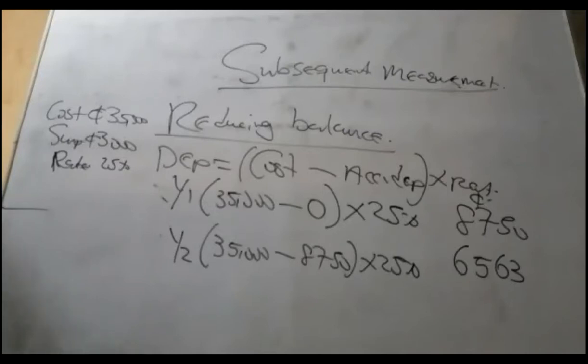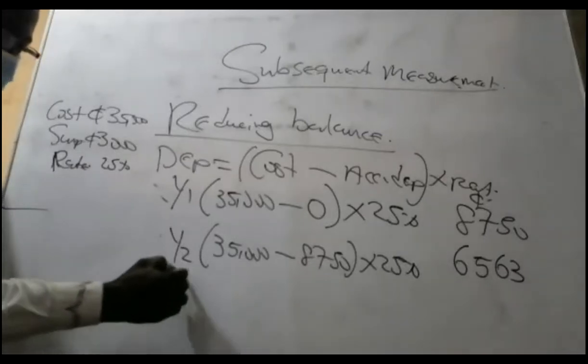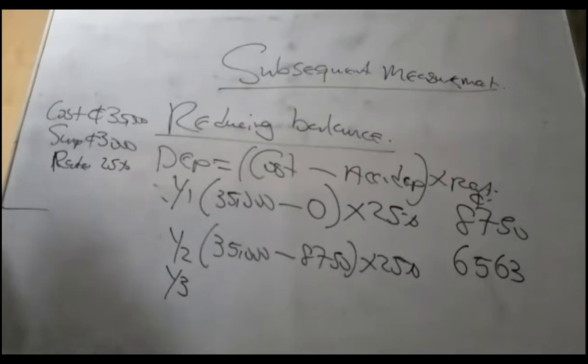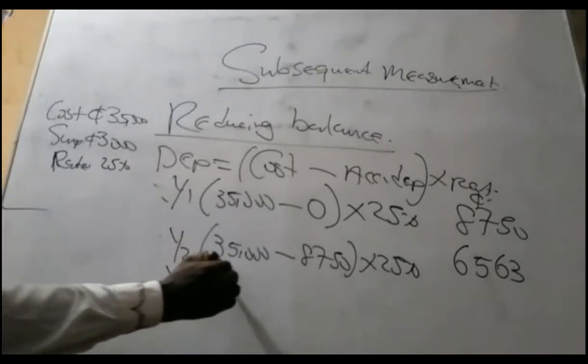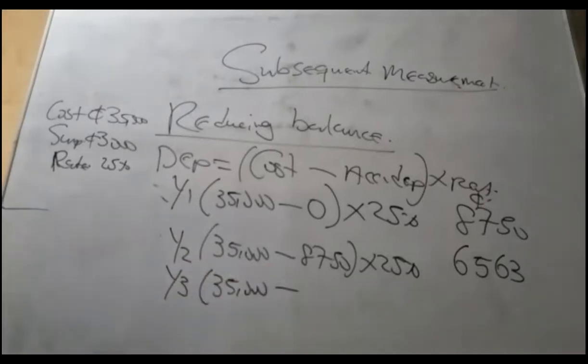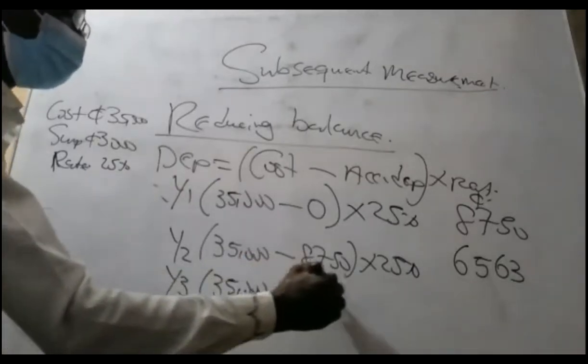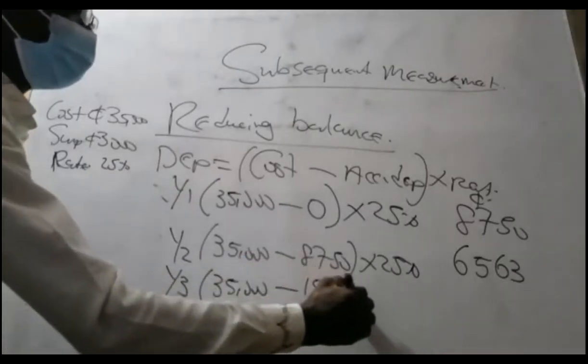Good. Now can you try year three for me? Let's see year three. For year three, tell the examiner that depreciation will be 35,000 less the accumulated depreciation, which is the total depreciation charged on the asset so far. So far they have charged 8,750 plus 6,563, which gives us 15,313.